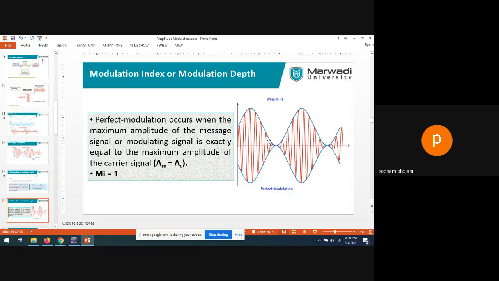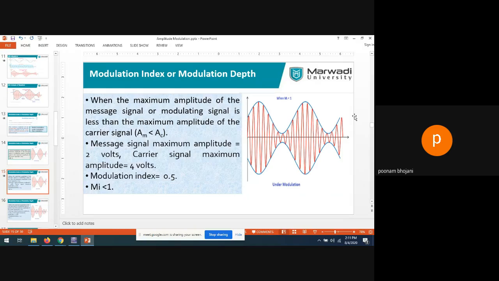So the minimum amplitude of this envelope is 0 volt, and the maximum amplitude is AC plus AM, or you can say twice of AM or twice of AC, both will be valid. So this is perfect modulation, where the envelope signal touches the 0 line. You can also say the carrier signal reaches 0, then again starts increasing, then decreasing and reaches 0, again increases, and so on. So this is the example of perfect modulation.